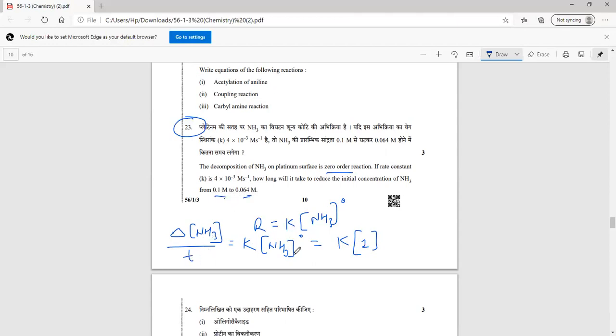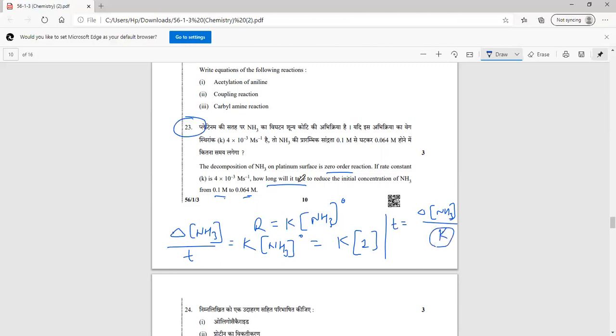So time, we have to find out how long it will take. Time will come out to be change in the concentration of NH3 divided by K.